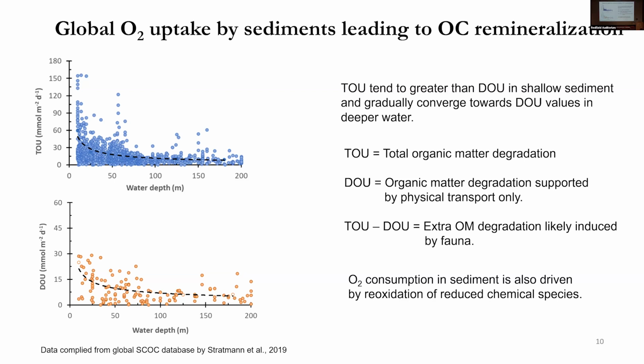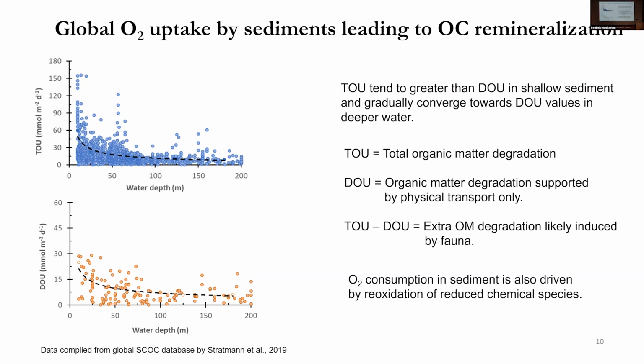The first thing we can see is a difference in axis, a factor of 3, 180 versus 60. When you look at the trend, TOU goes down, and so does DOU. But the important thing to note is TOU starts much higher and then goes towards the value of DOU, and DOU starts a lot lower but gradually goes to that similar value.